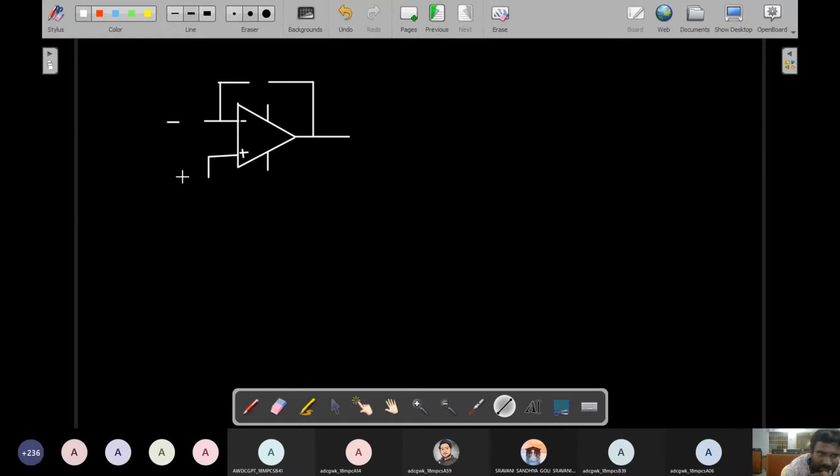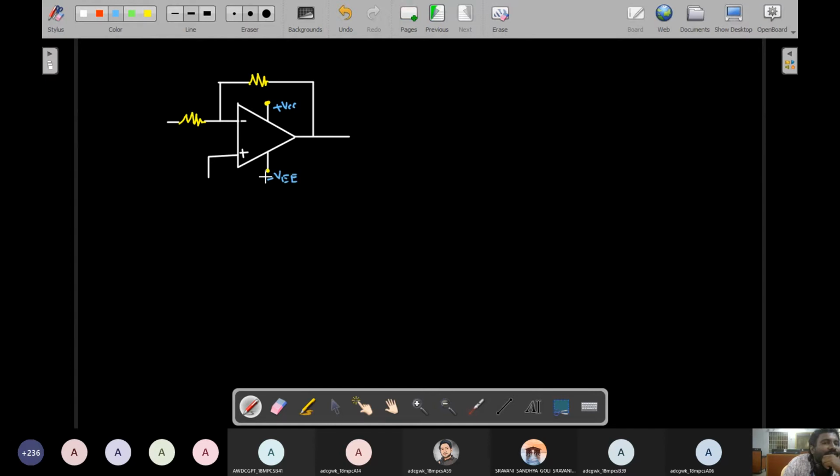So this is the input resistor, and this is the feedback resistor. I'll mark here plus VCC and minus VEE.